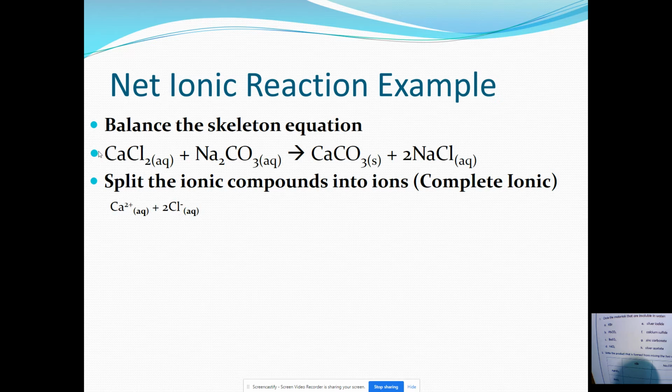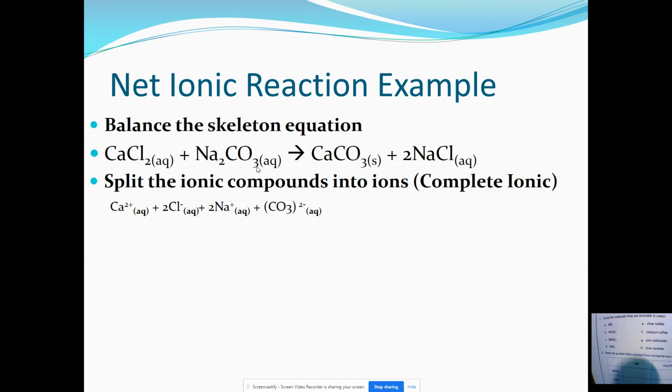So calcium chloride breaks apart to form calcium ions and 2 chloride ions, right? That's what this little 2 here means, that there are 2 of them. Sodium carbonate will break apart to form sodium ions and carbonate ions. Na2CO3.